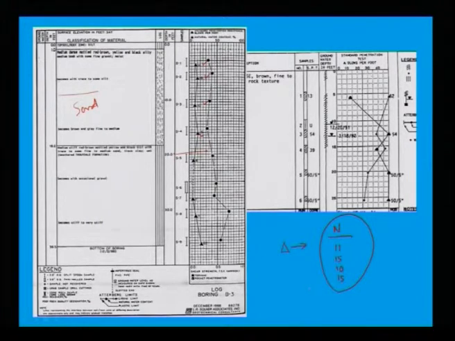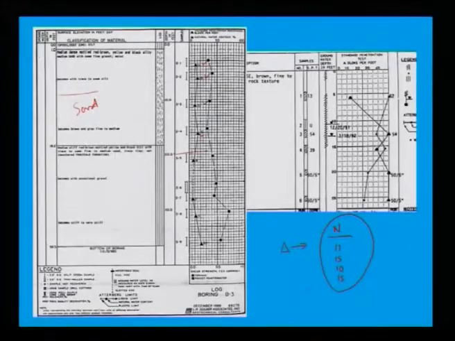Again, suppose from your laboratory tests up to this 18.2 meter depth you get a kind of silty sand, and there is no water table. Of course, if there is a water table, definitely the N value will change, because the water table correction will come into the picture.